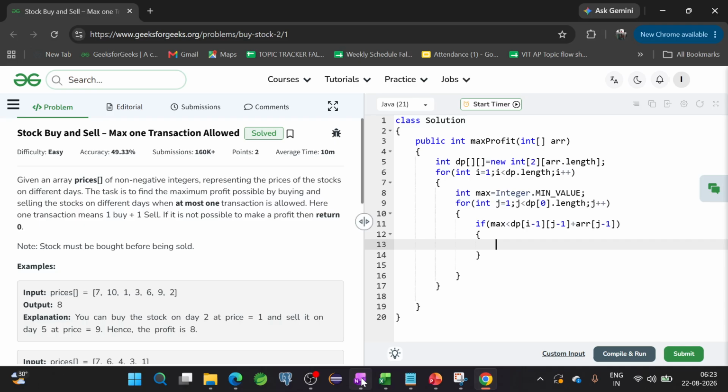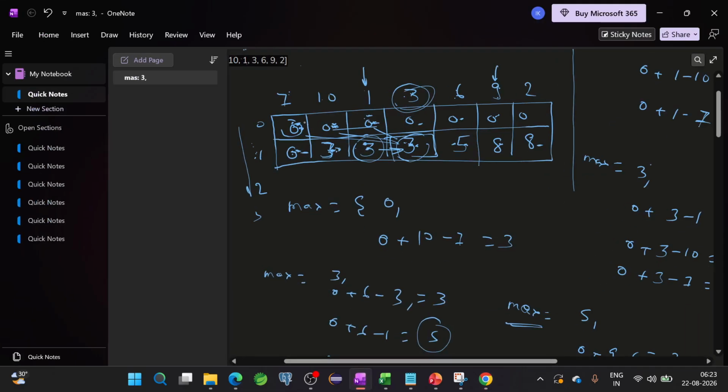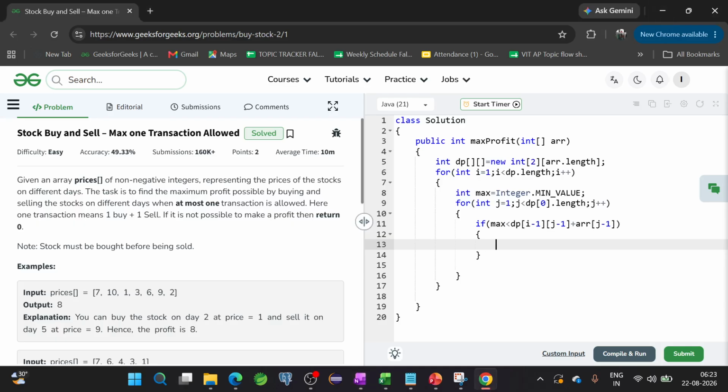This one, this value here, dp of i minus 1, j minus 1, and here array of j minus 1. If it is smaller, then update max equal to dp of i minus 1, j minus 1 plus array of j minus 1.